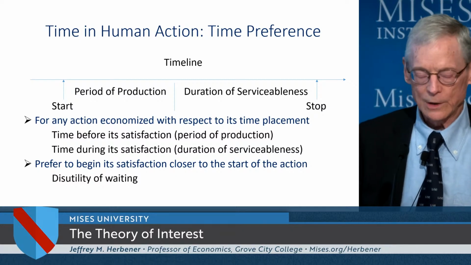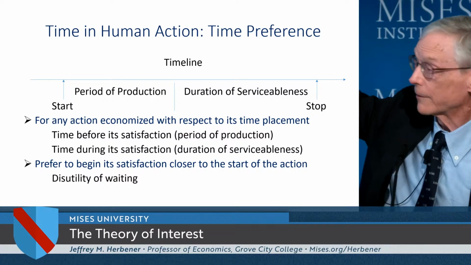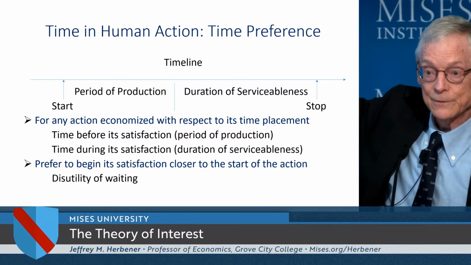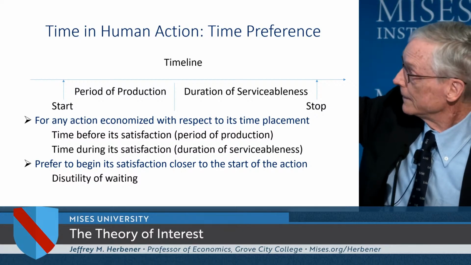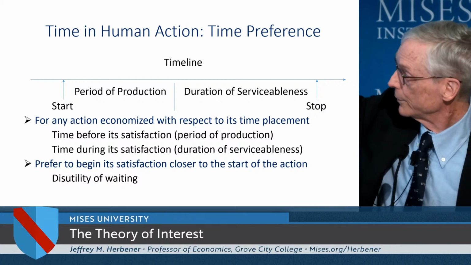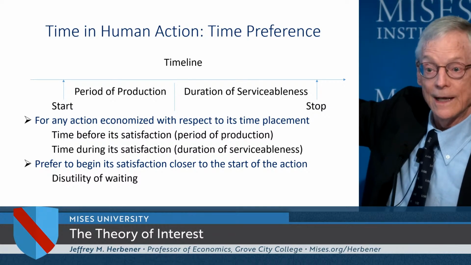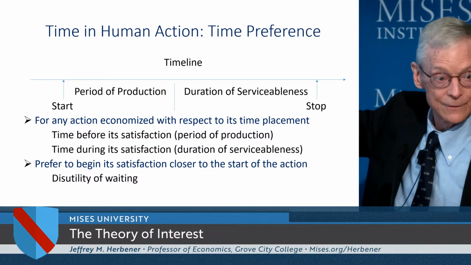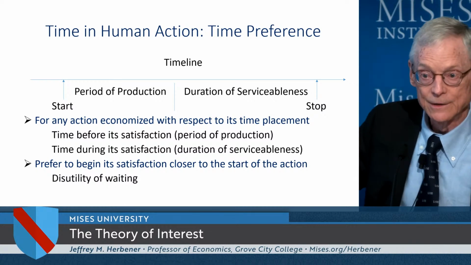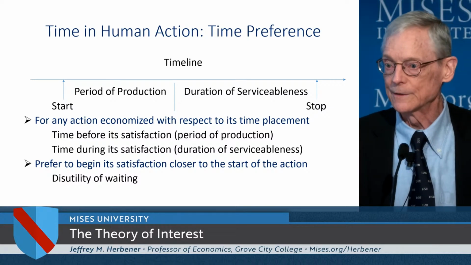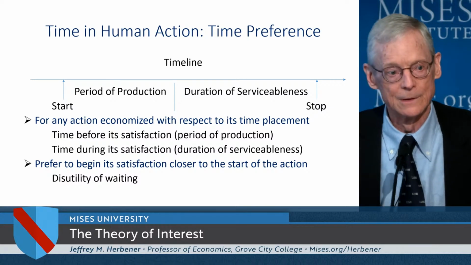So if a person wants the duration of serviceableness to start at the middle vertical bar, whatever that day or time is, then time preference says the person would always prefer the start of the period of production to move to the right and get closer and closer to the middle vertical line. You always want to shrink the period of production if you can get the same result, right? This is a ceteris paribus claim.